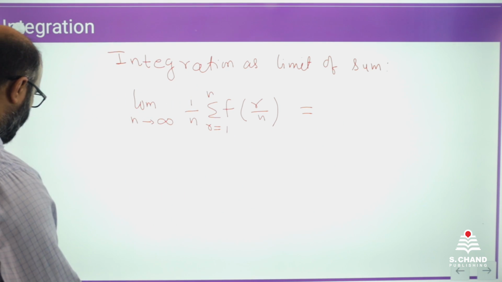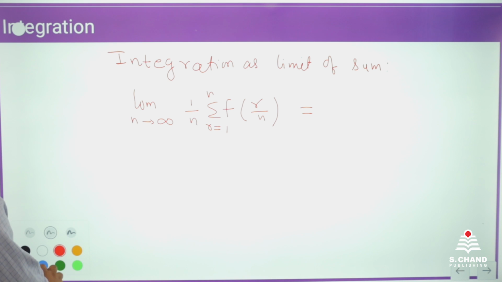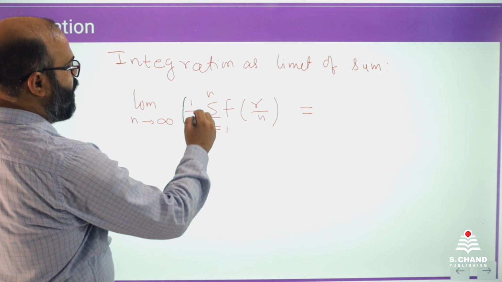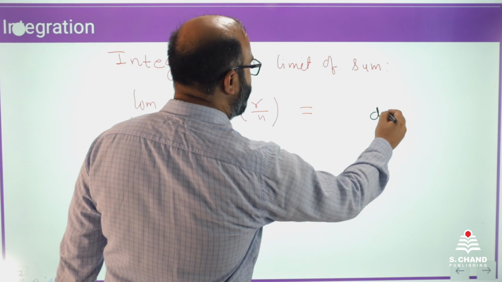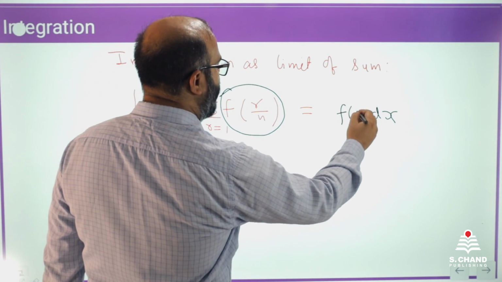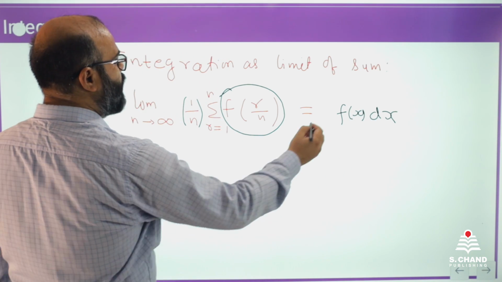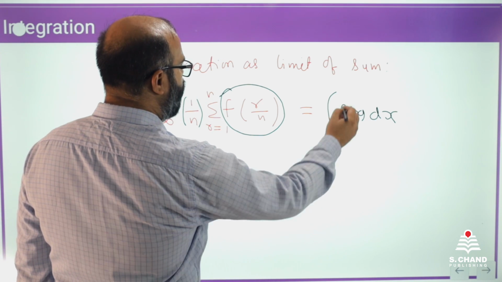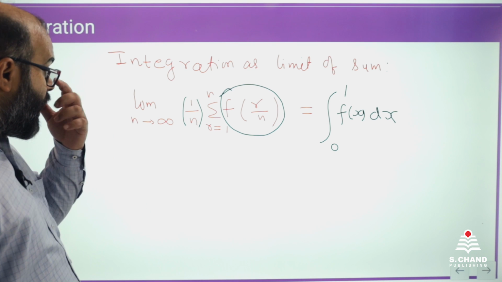One important thing to take care of while writing the formula is that the 1 by n part here becomes dx, f of r by n becomes f of x, and this summation becomes integral 0 to 1. So integration as limit of sum.